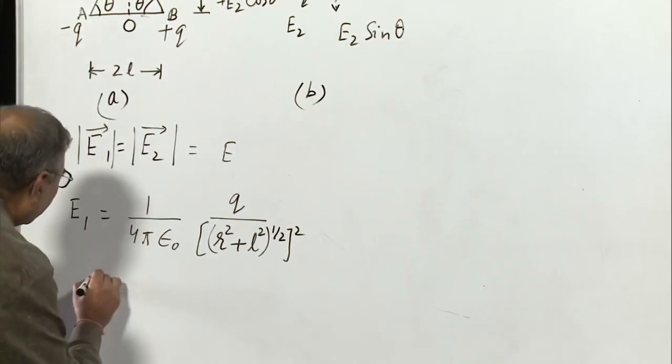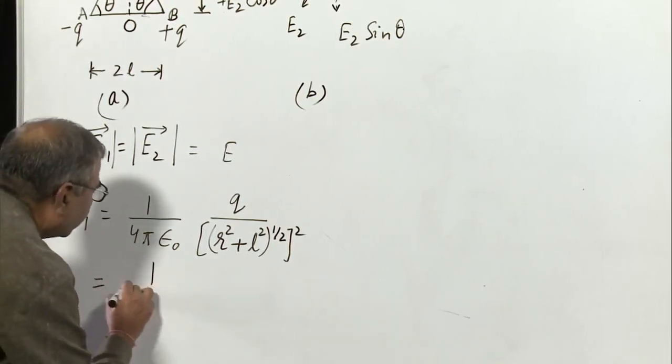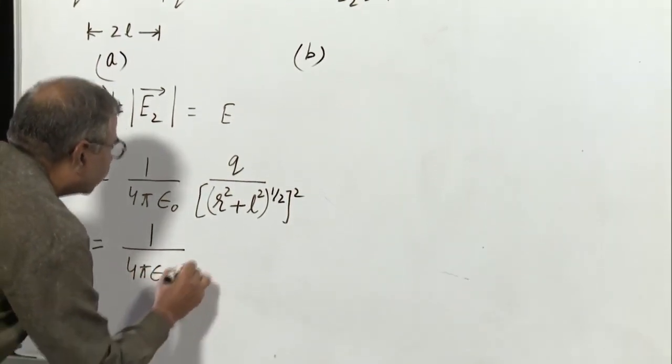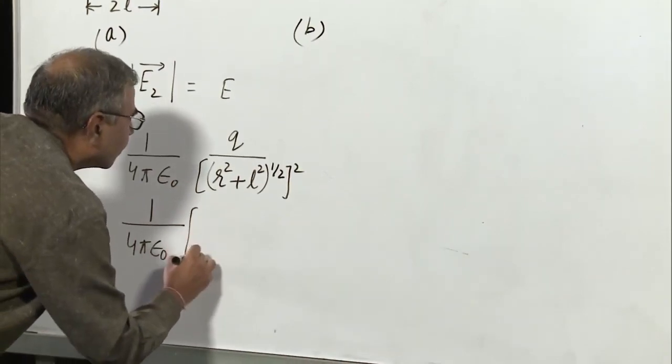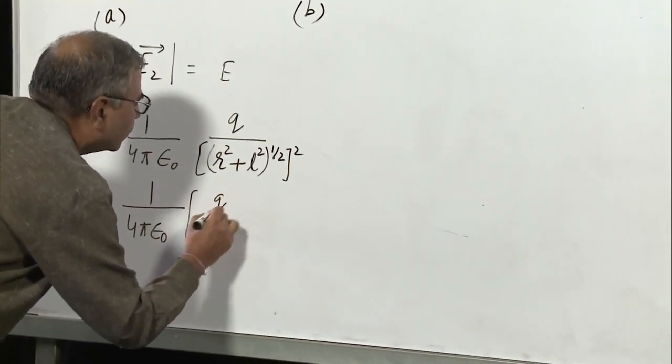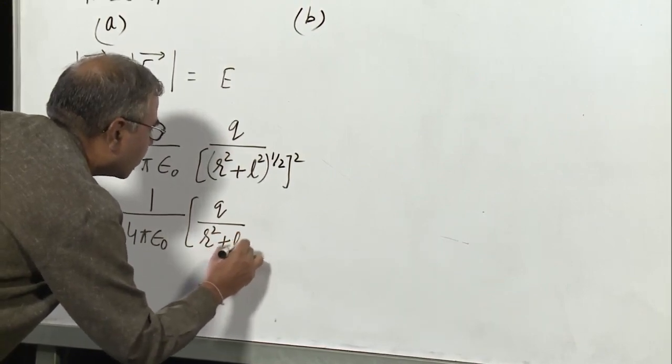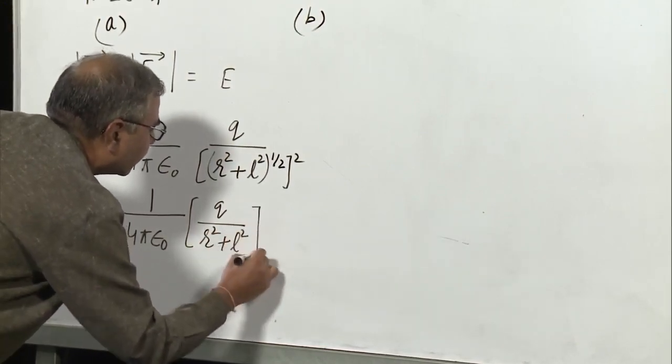So, the expression will be 1 upon 4 pi epsilon naught q upon R square plus L square.